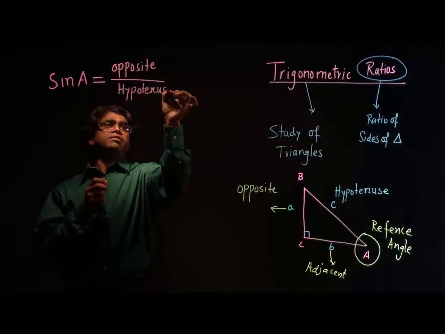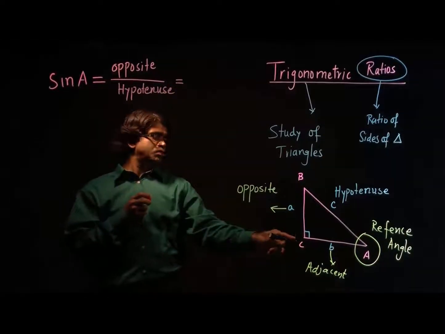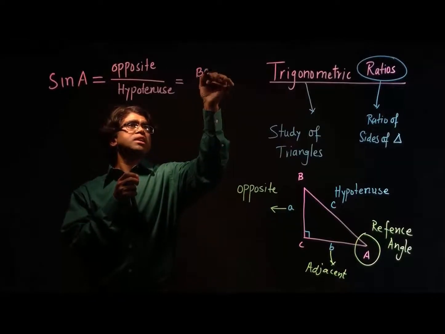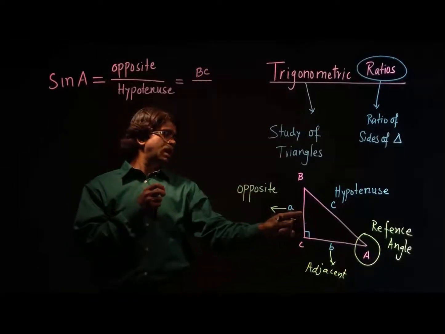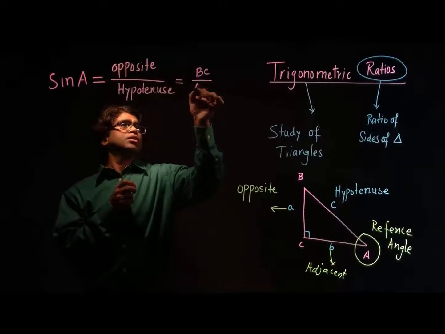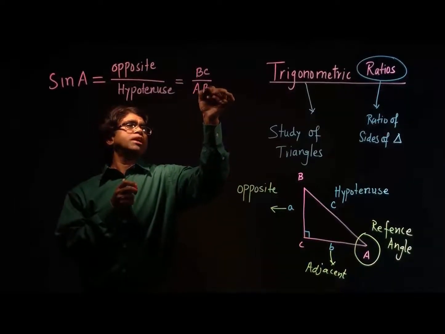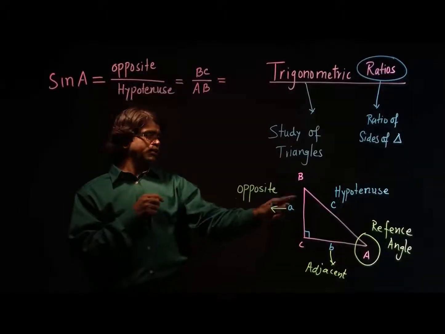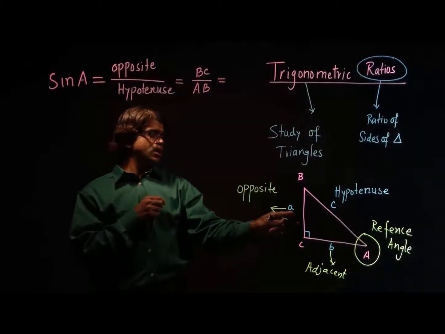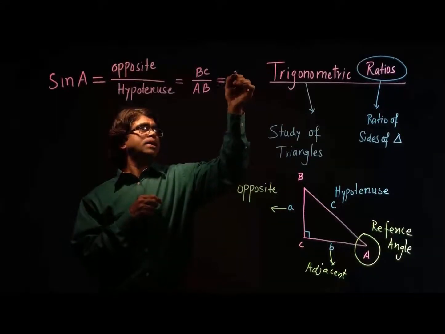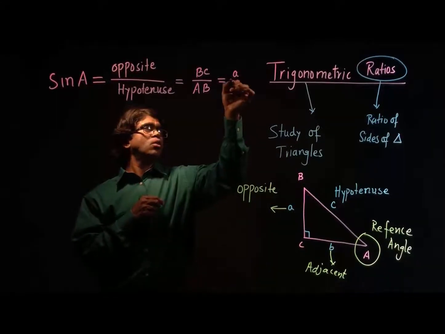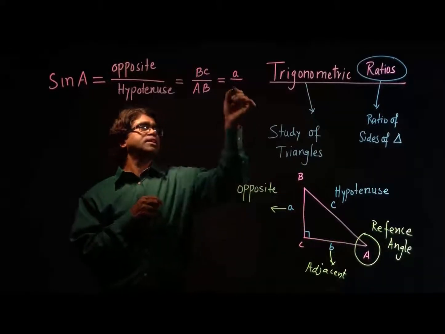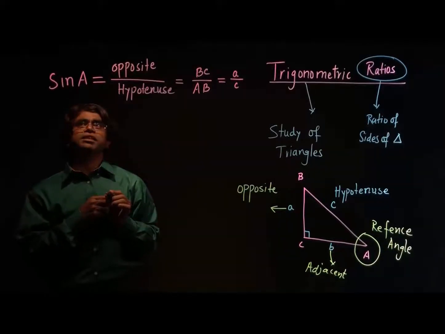As we can see, our opposite is BC, and my hypotenuse is AB, so I will write BC over AB. If you look closely, BC is my lowercase a, and AB is my lowercase c. So this is a over c.